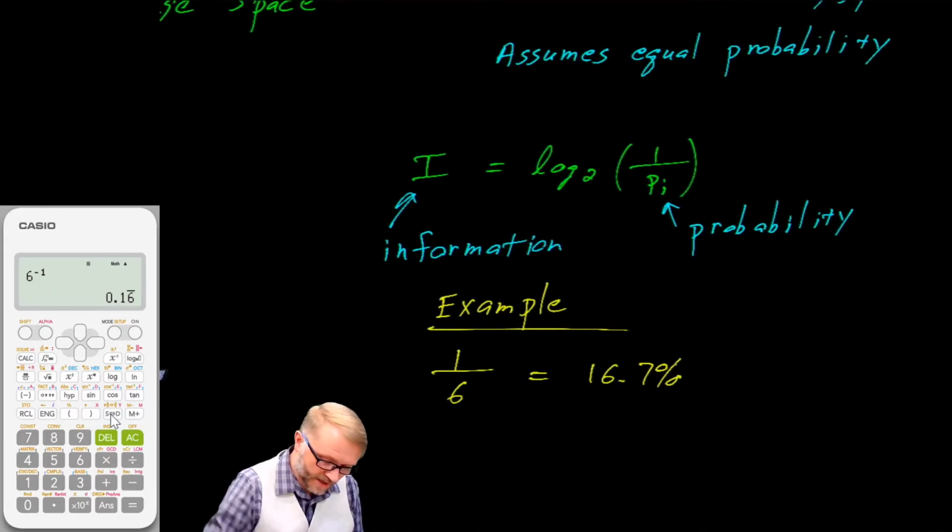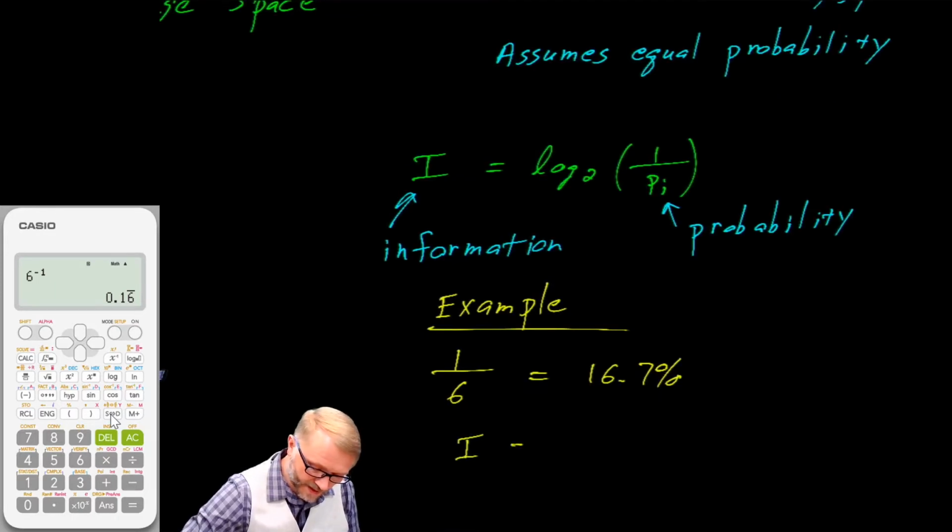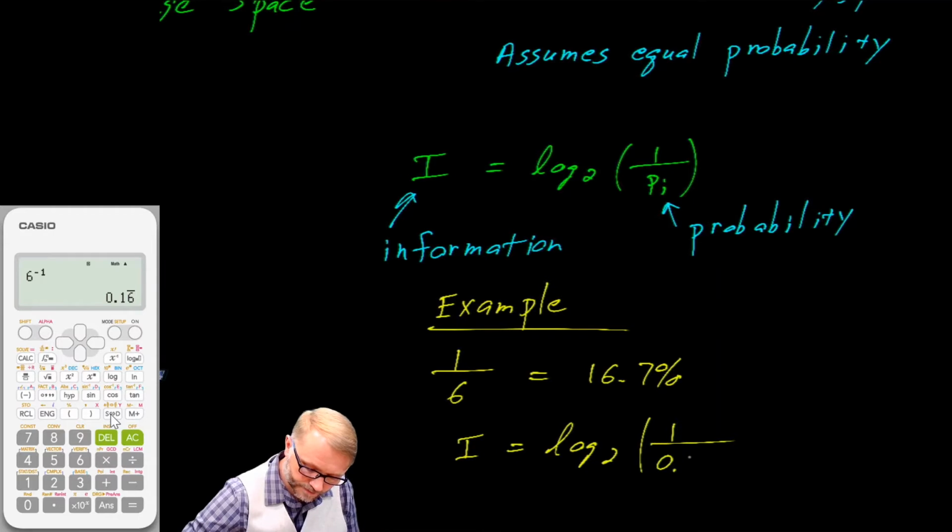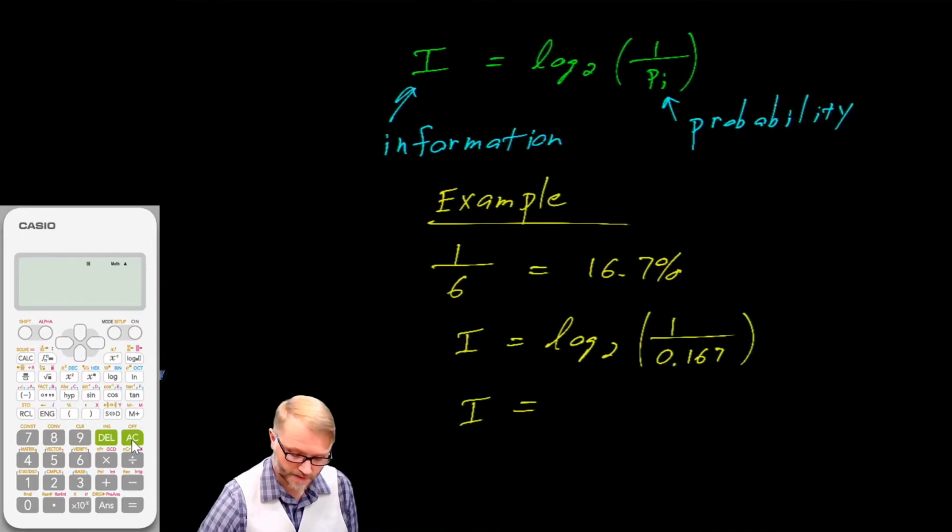So the information is then log base 2 of 1 over the probability. Solving for I, that would be log of 0.16 repeating, invert, divided by log 2.